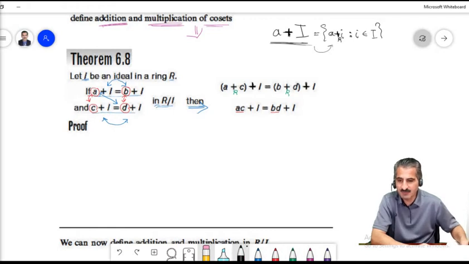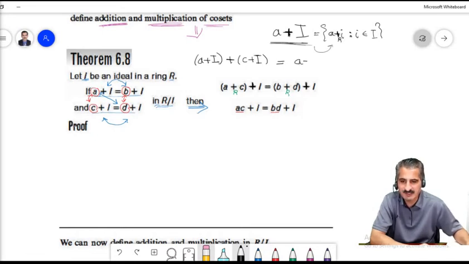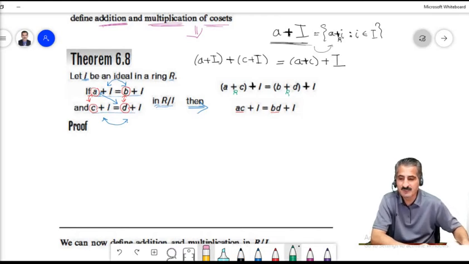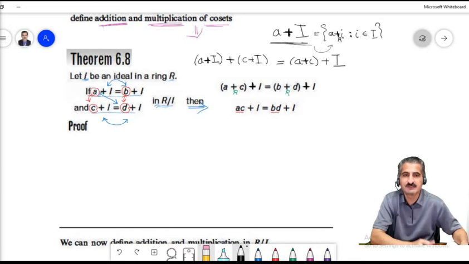And if we go back a little, if I take this coset and say I want to add it to another coset, C plus I, we know the operation we have defined already is A plus C, so we add the representatives, and we add this inside R. Now, as we have talked above, this addition here is an object for us.